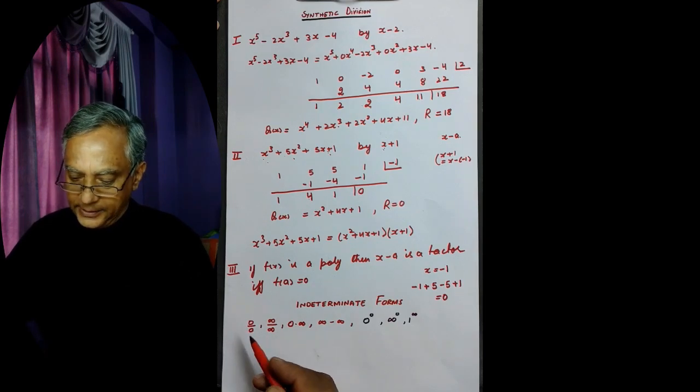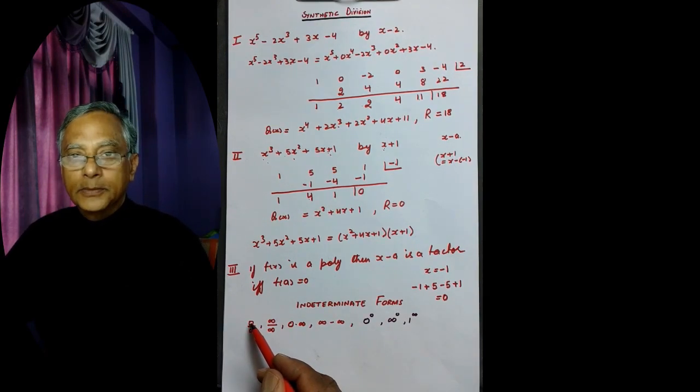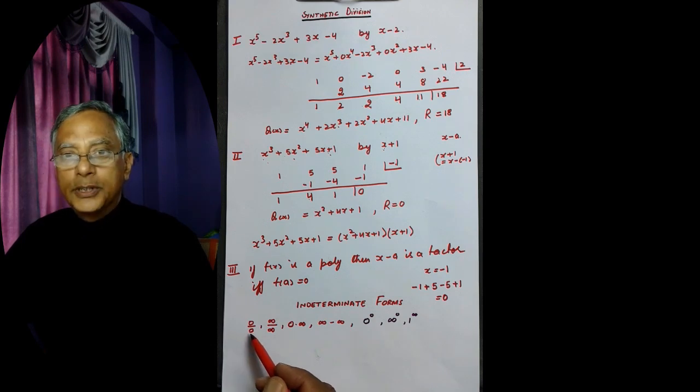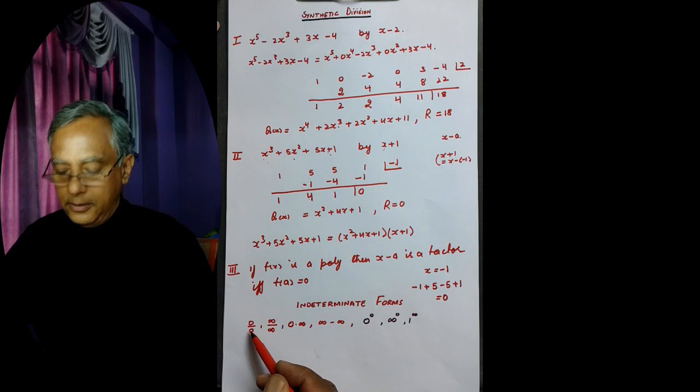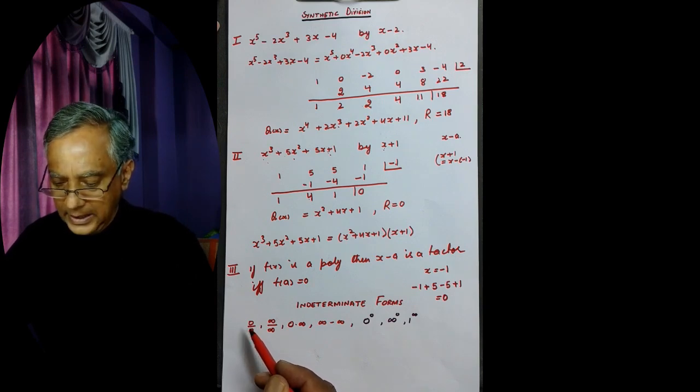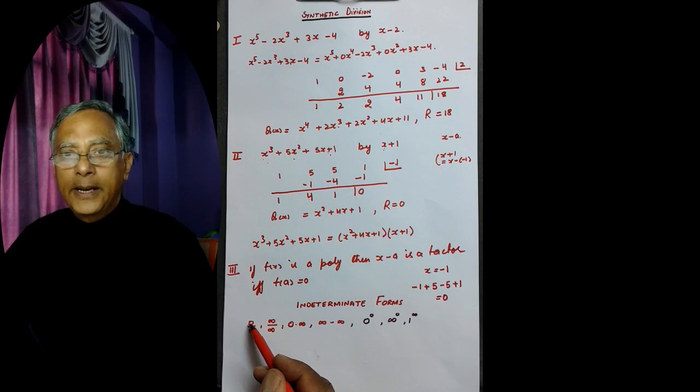As an aid to memory, we can understand it like this. If this is any finite number and this tends to 0, then the answer will be plus minus infinity, depending upon whether the numerator is positive or negative.